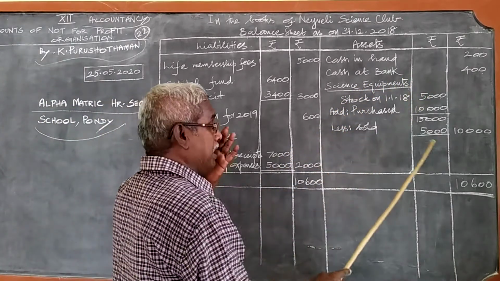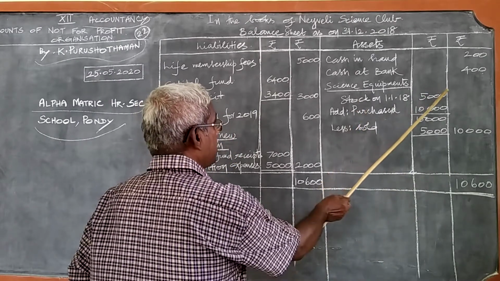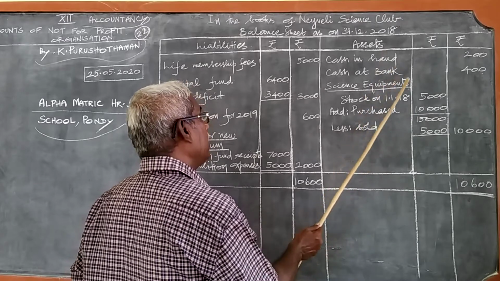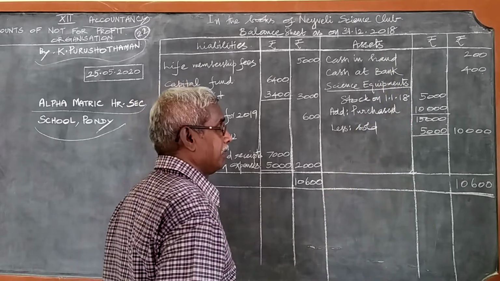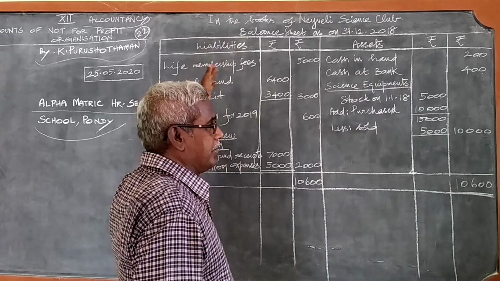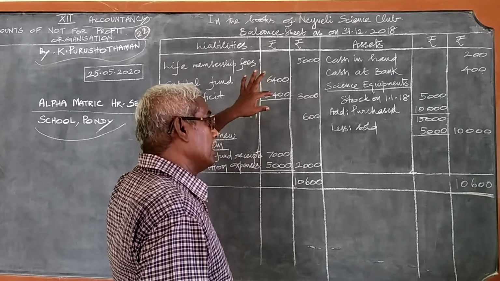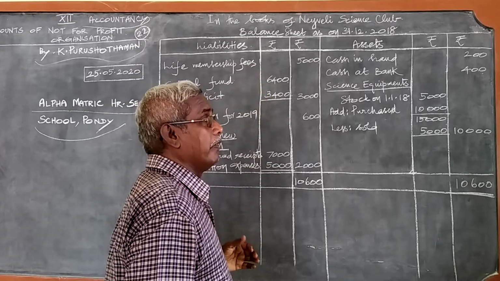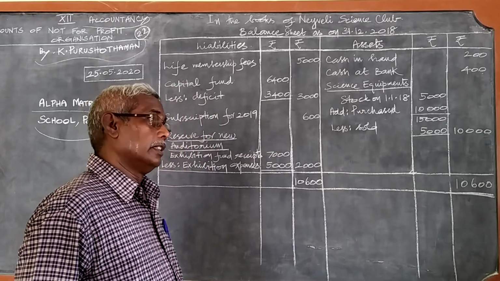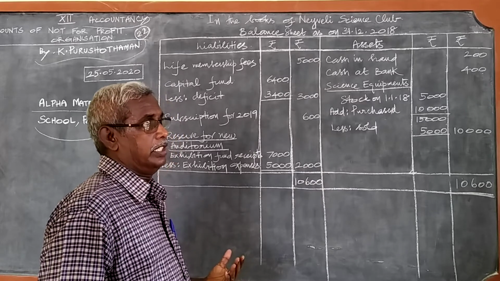If you go to the payment side, the science equipment purchased for rupees 10,000, therefore the total science equipment value must be 15,000. But on the receipt side, 5,000 valued equipment is sold away for 6,000. I said the capital item should not be written in the income and expenditure account.